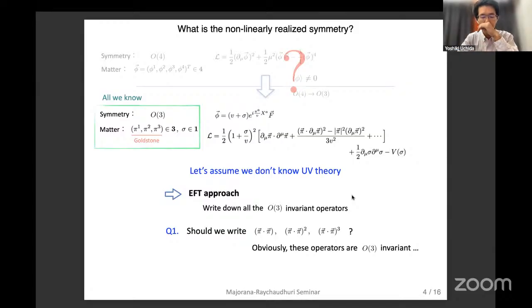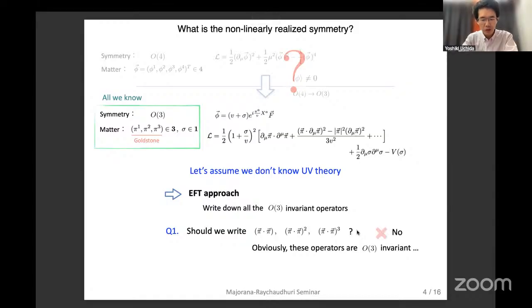So in this case, we can ask one question, such as, should we include these Goldstone-boson interactions in the low energy EFT? Because the Goldstone is a triplet under the O3 symmetry, obviously these operators are O3 invariant.